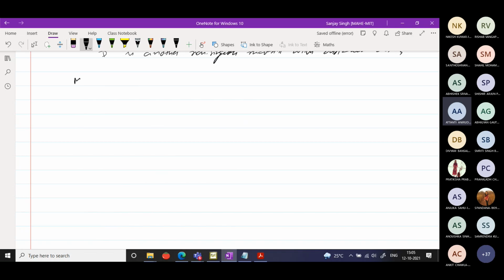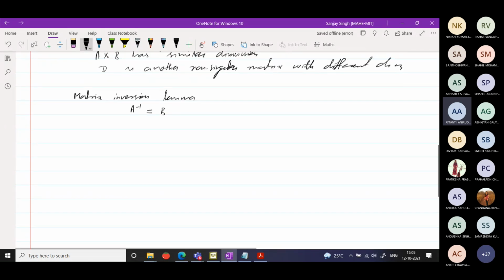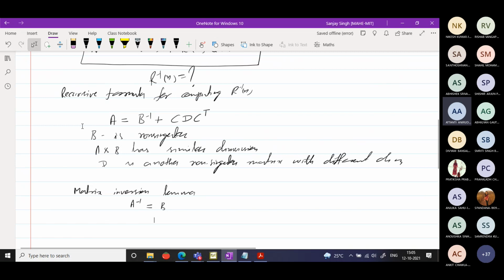There's something called the matrix inversion lemma. It's a straightforward formula you can think of. Suppose this is the matrix in this particular form, where P is non-singular and D is also non-singular, A and B have the same dimension, D has a different dimension but is non-singular, and C is basically rectangular.